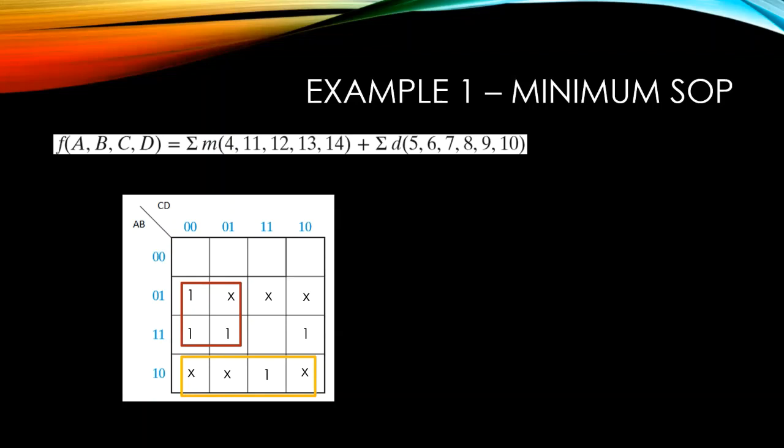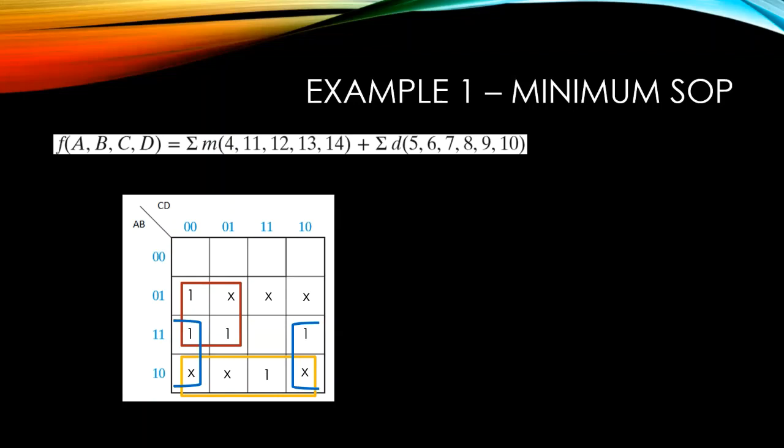That way, if you compare it with the original equation without the don't care, it's almost the same. So group this one to this don't care. And by the way, if there is a min term, always prioritize the adjacent min term if we're going to choose between a min term or a don't care. Prioritize the min term when grouping.